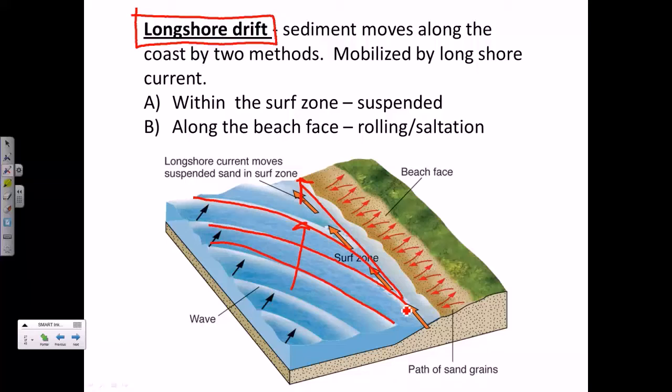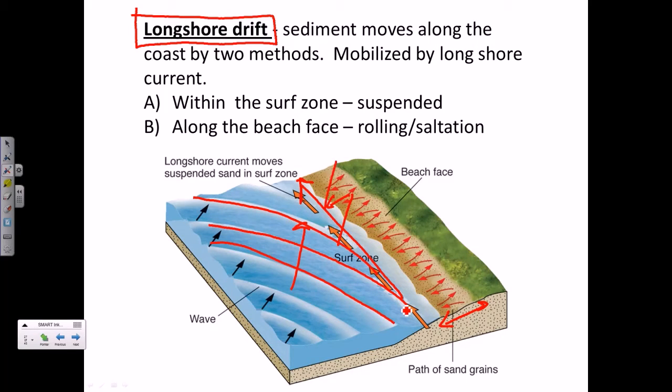Now, there's another way in which sediments can move, and that has to do with how we see the waves swash up and then swash back. I'm drawing this down here in the bottom right-hand corner. When a wave comes in, it comes in at an angle like this, and it hits the shoreline and washes up. But when gravity pulls the water off the shore and back out into the ocean, it pulls it down straight.